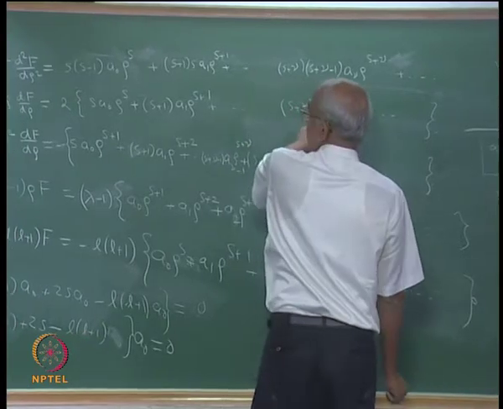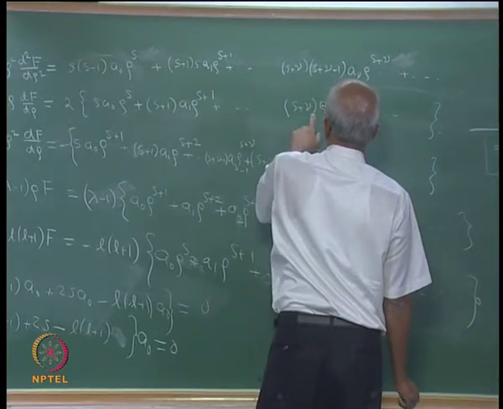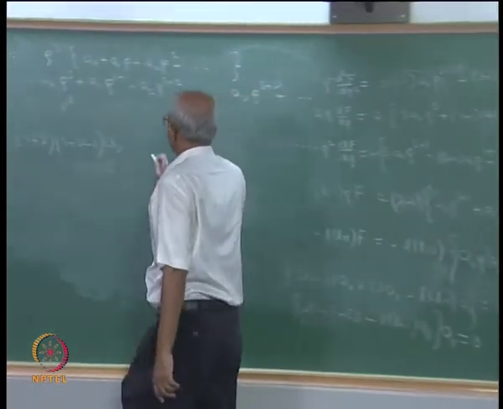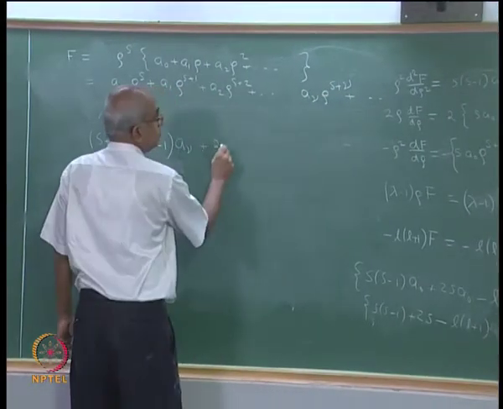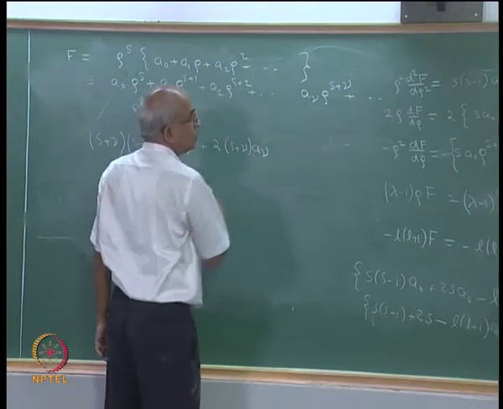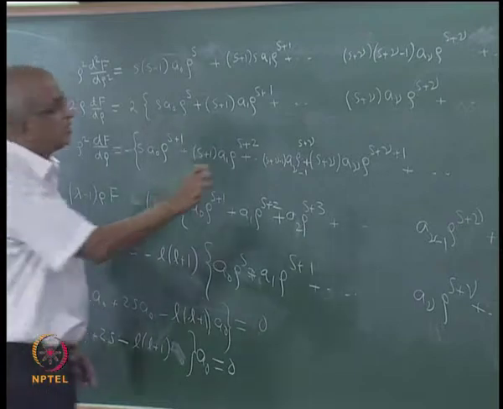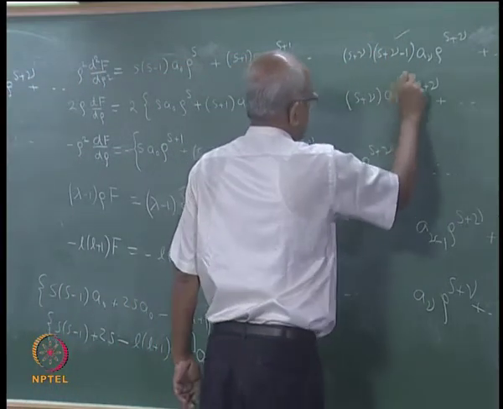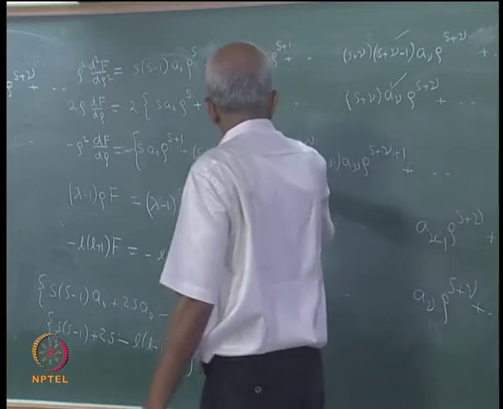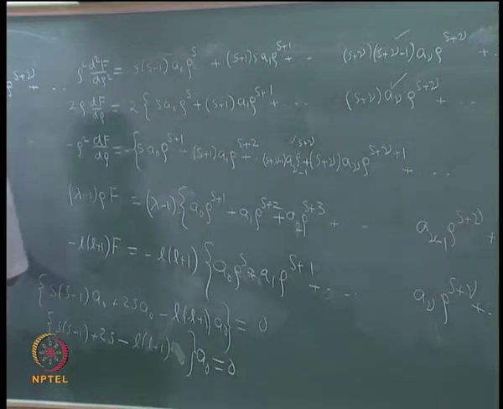Here again I will get one term s plus nu into a nu, but there is a 2 sitting outside. So, I have to remember that. So, I have taken this term into account. Now, I have to take this term into account. How? What is that? S plus nu minus 1.